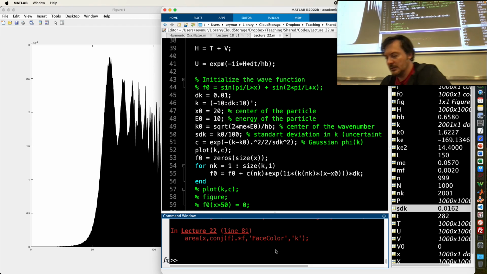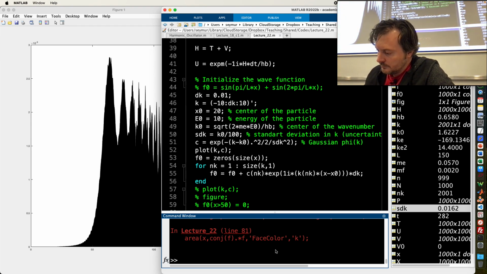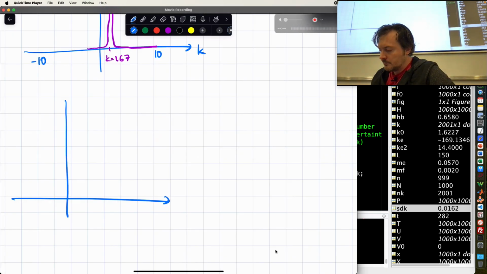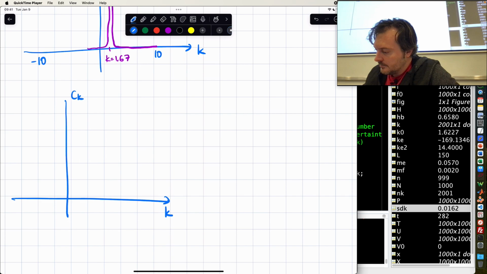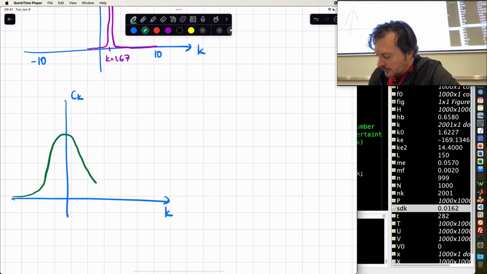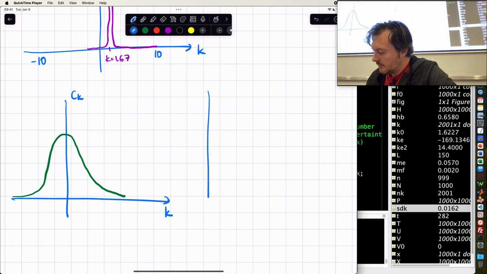Let me show you. So this is K and this is CK. Let's start with something like this. And this is the wave function.